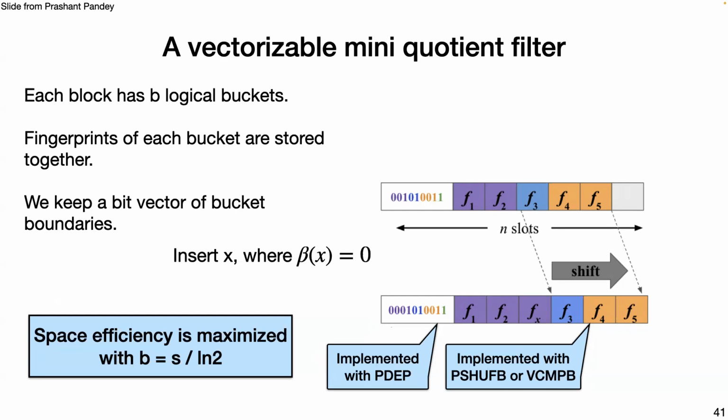For example, since there are two purple things, there are two zeros, and then a one denotes the end of the run. For blue, there's just one, so you have a 0 and then the end of the run. There are two yellow, so there are two zeros, then the end of the run, and there's nothing in green, so there are no zeros. If you want to add f of x, you add a 1 0 into this bucket, and then everything else gets shifted down by 1.